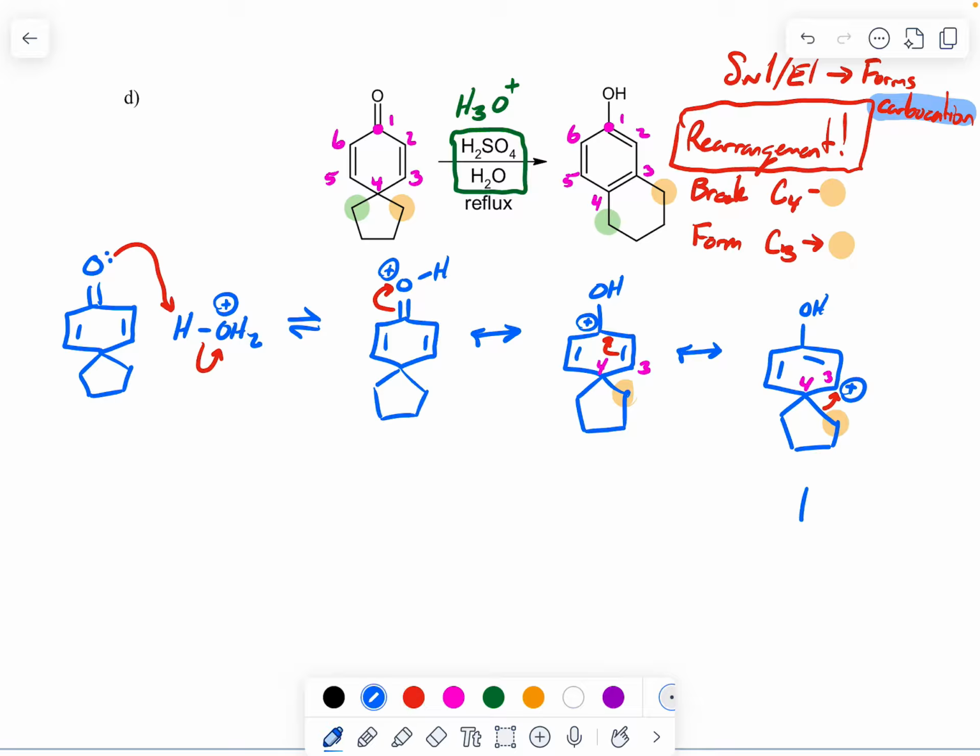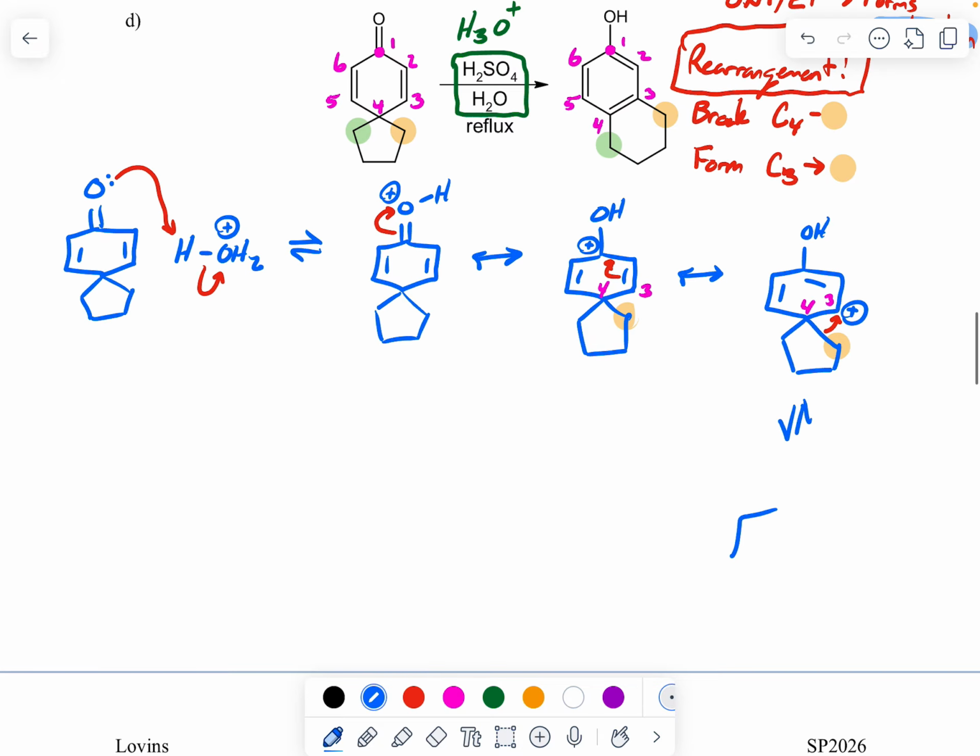When we do so, notice that we are actually going to have to now draw this with the new bonds shown. So here is the orange carbon, here is carbon 3, here is carbon 4. But notice that carbon 4 has just lost a bond, right?